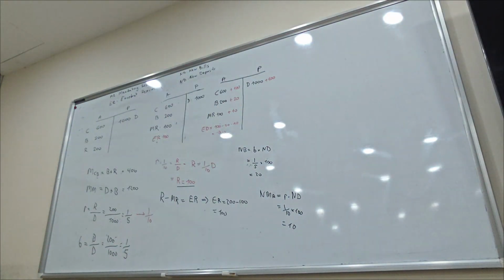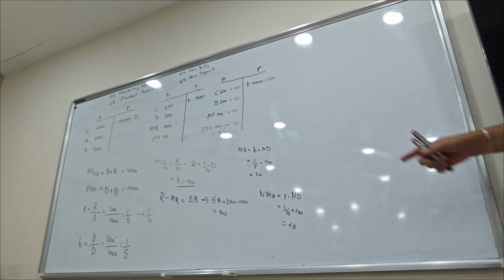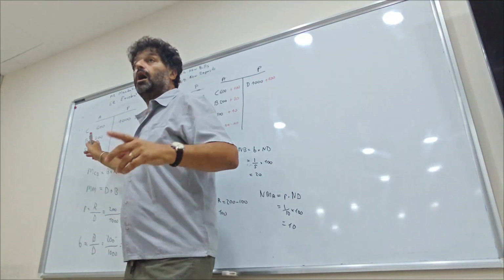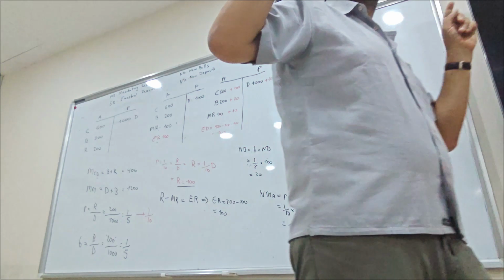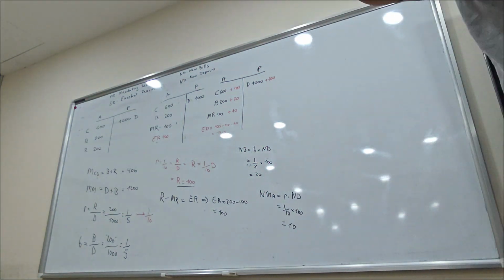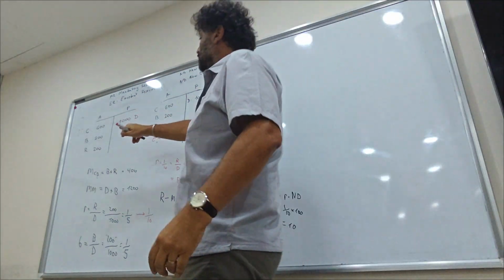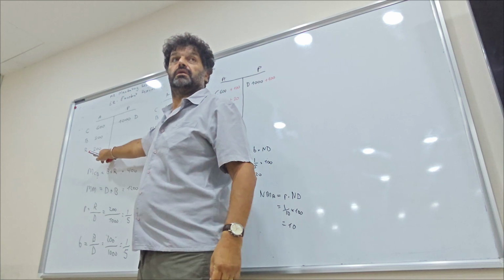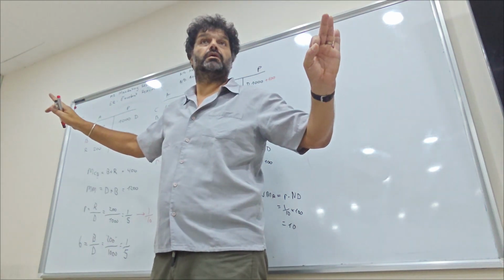This is the difficult part. The difficult part is to understand that central bank money never changes. From the beginning of our exercise, until the end, the central bank money will remain 400. This will never change.